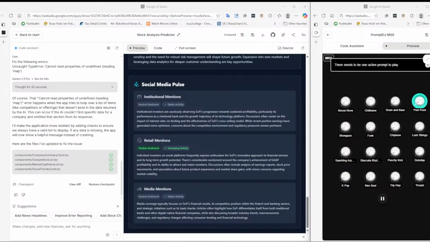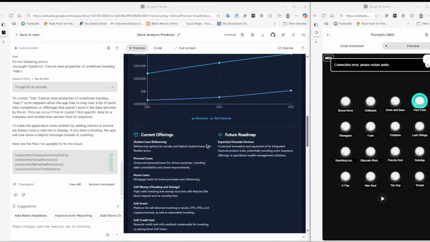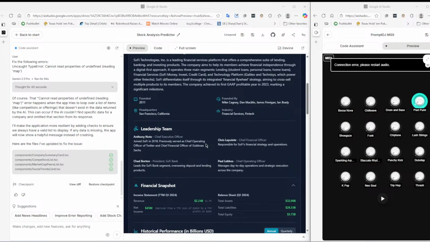Interesting. So it looks like from this perspective, I think SoFi is pretty good.